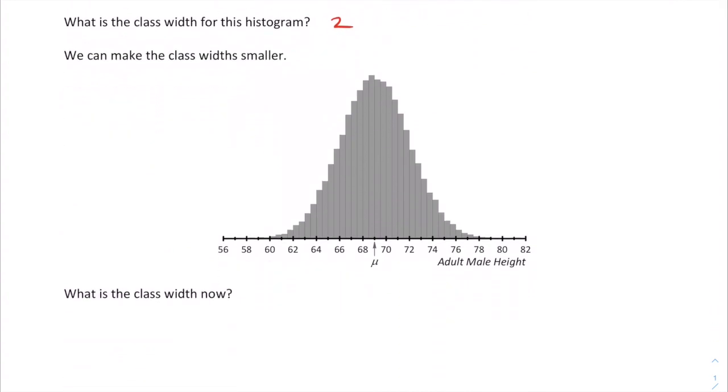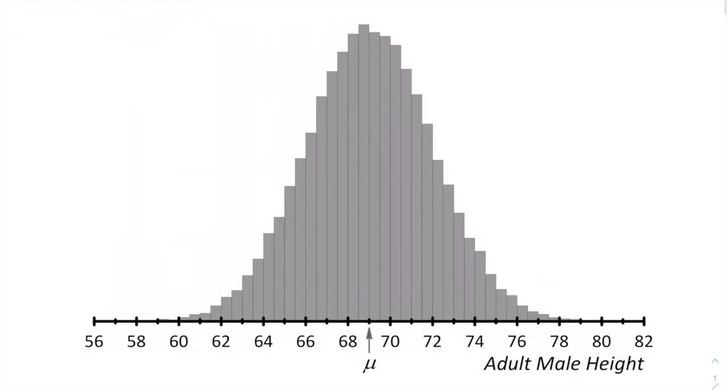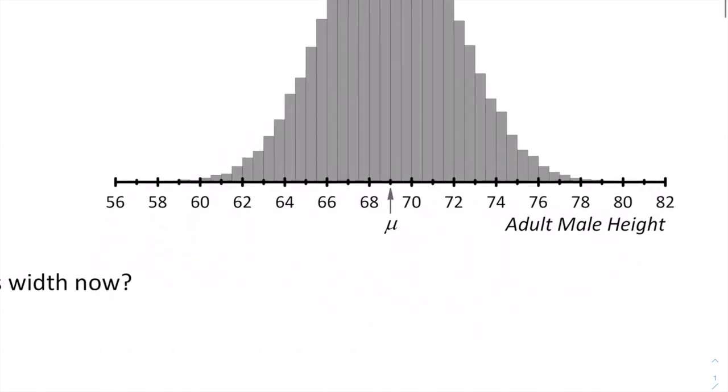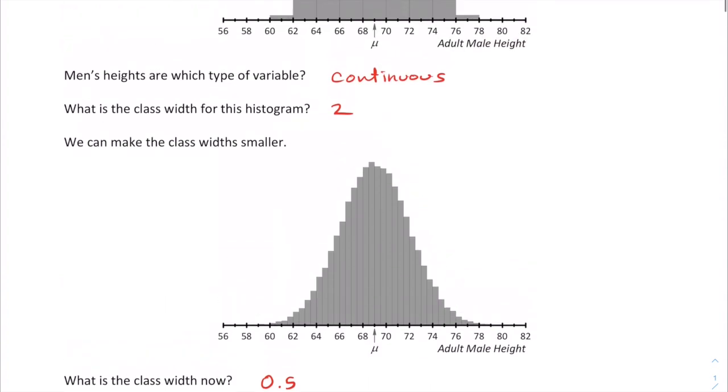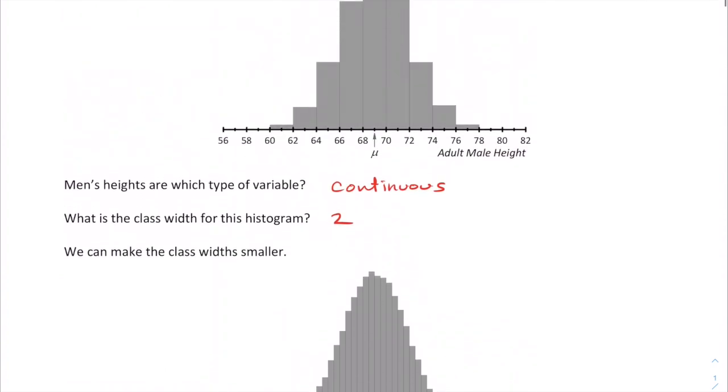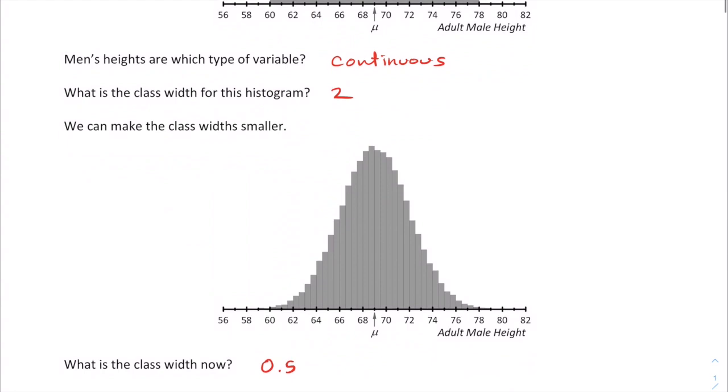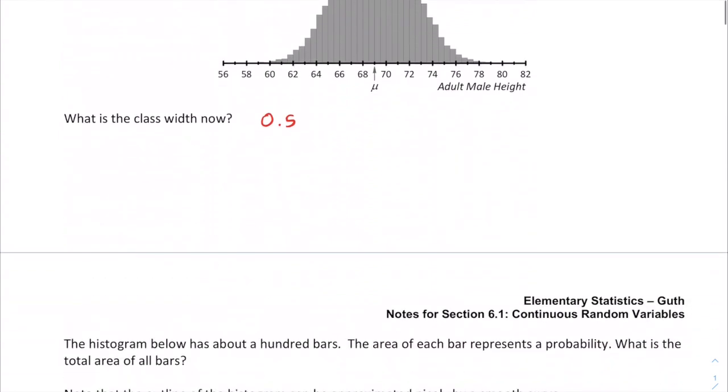If you look real closely, the class width is 0.5 because there's 2 bars per inch here. So what's the class width now? 0.5. Okay, and the histogram looks more like a bell with smooth edges, but it's not smooth yet.